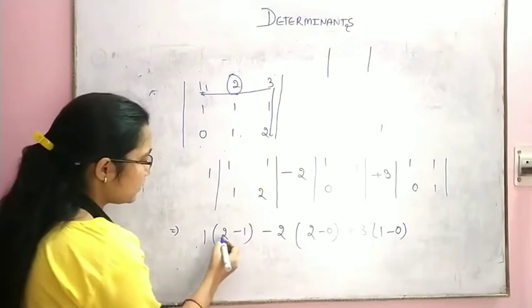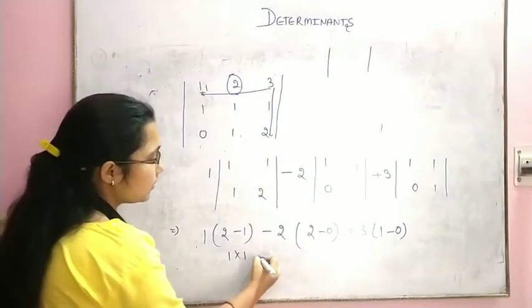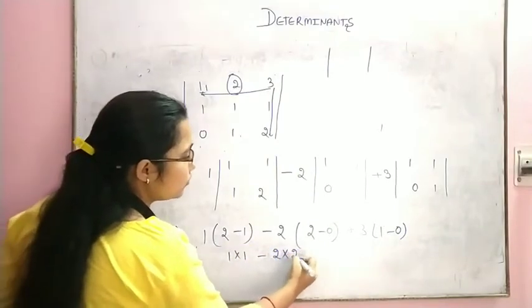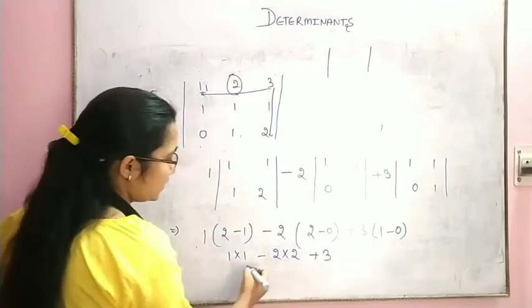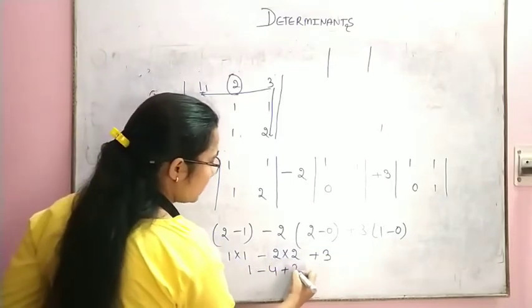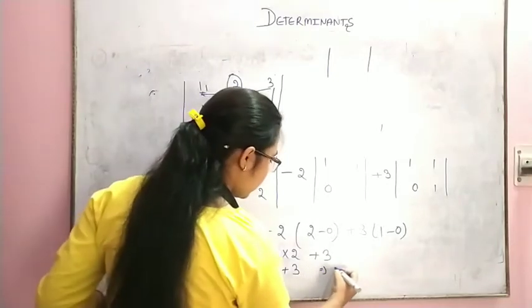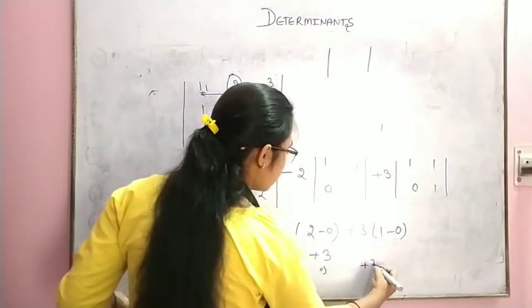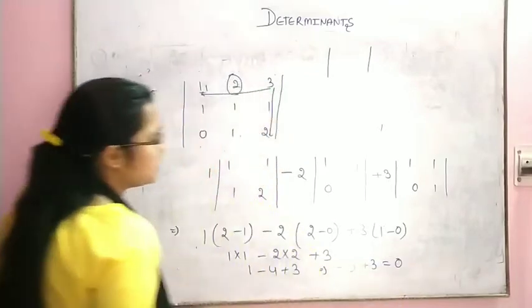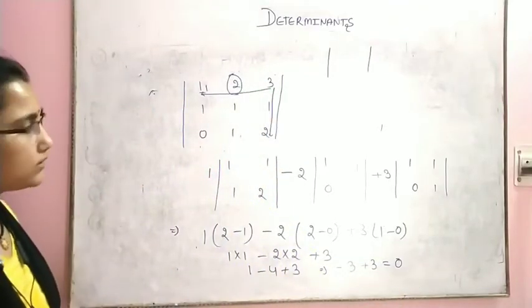So we get 2 minus 1, 1. Minus 2 into 2 plus 3. So we get 1 minus 4 plus 3. So 1 minus 4 is minus 3, and this is positive 3. This will be cancelled out. We get 0 here. Got it?